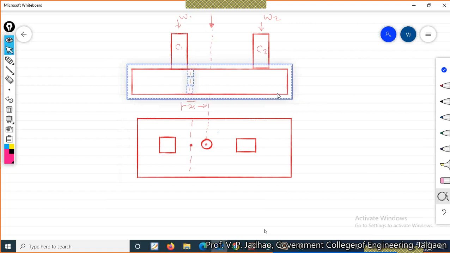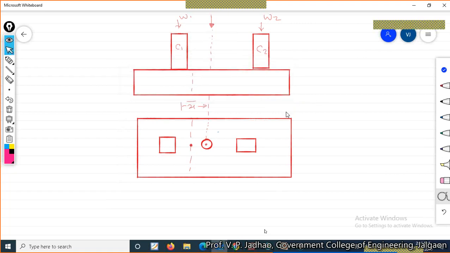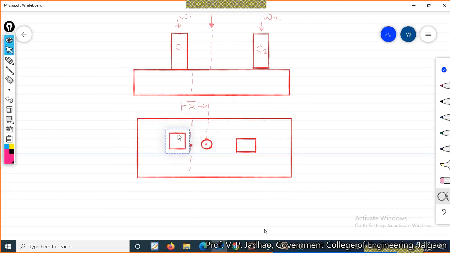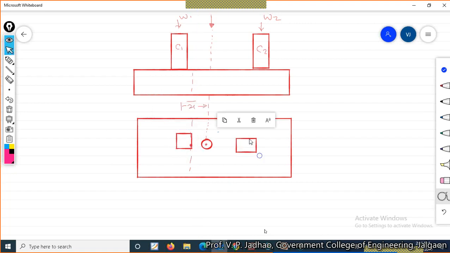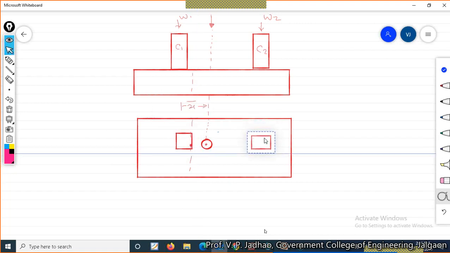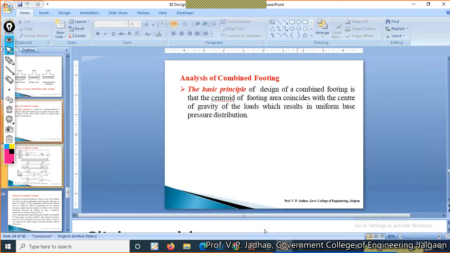It will be something like this. The new column position will be different. In this manner we will be fixing the positioning of column and footing. So basically we coincide the centroid of your load with the centroid of the footing. That is the basic principle. Now we'll move forward.